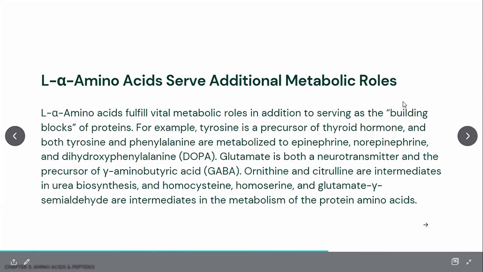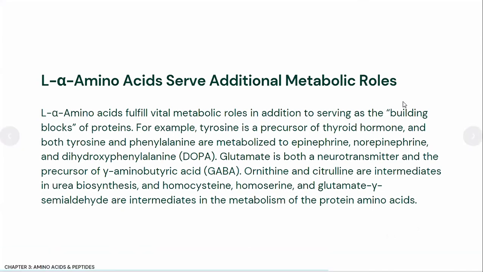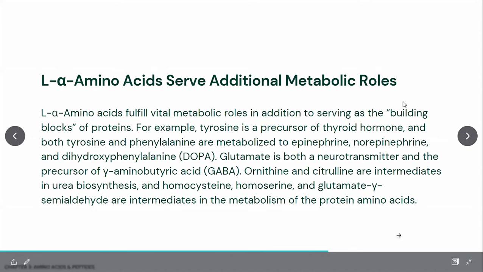For example, glutamic acid, cysteine, and glycine. Those are the three amino acids that form your glutathione.